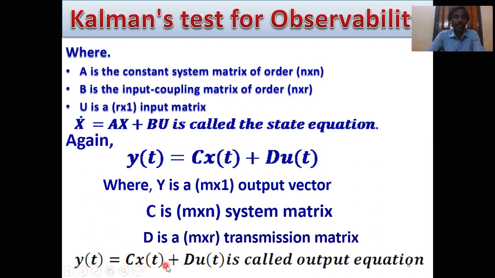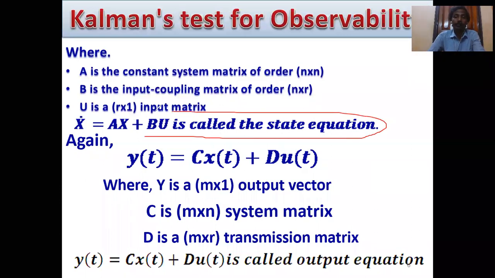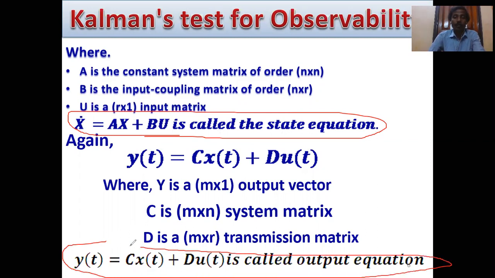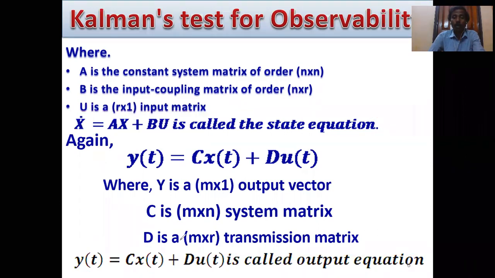So x dot equals A x plus B u is the state equation and y of t equals C x plus D u is called the output equation.